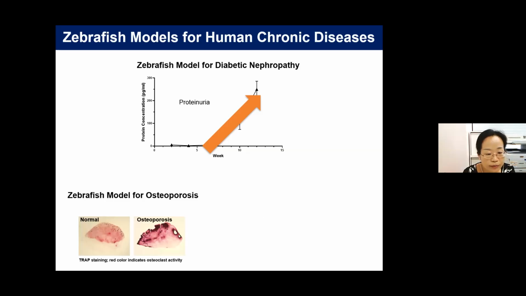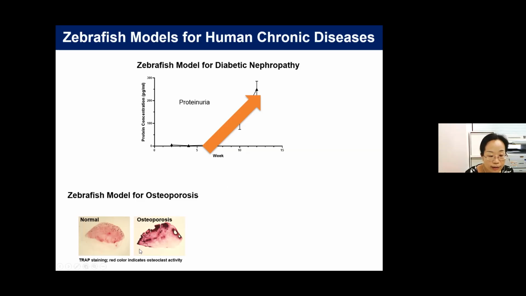This is the zebrafish model for osteoporosis. The zebrafish scales have a similar structure and function to mammalian lamellar bone, which contains both osteoblasts and osteoclasts. As observed in humans, we can use glucocorticoids to induce osteoporosis in zebrafish.